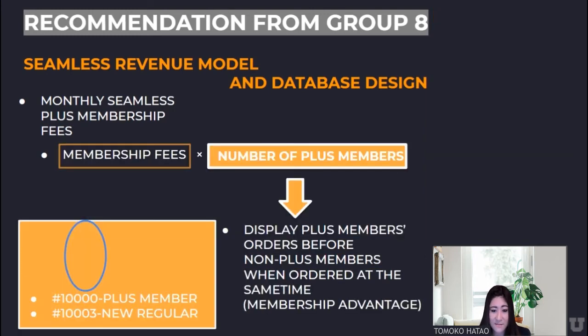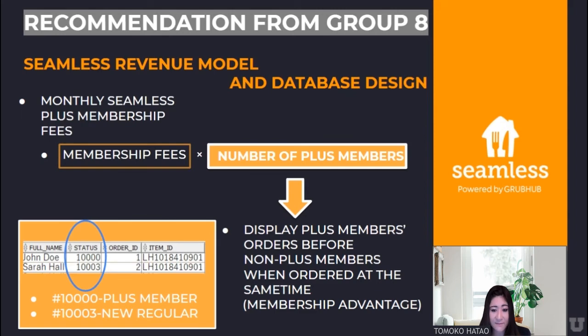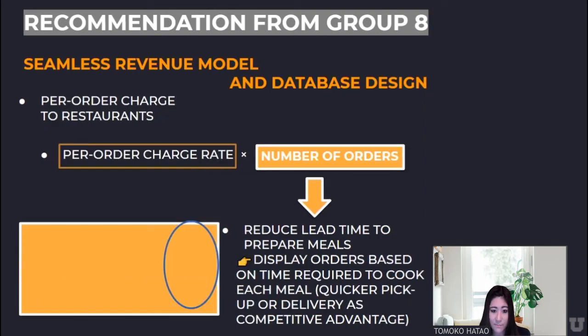For membership fees, Seamless could increase the fee rate or increase the number of Plus members to maximize revenue. This was in our not initiated requirements, but we believe Seamless could link the membership status and order line tables to provide Plus members' orders priority if ordered at the same time as non-members, making this an advantage and motivation to sign up for the membership.